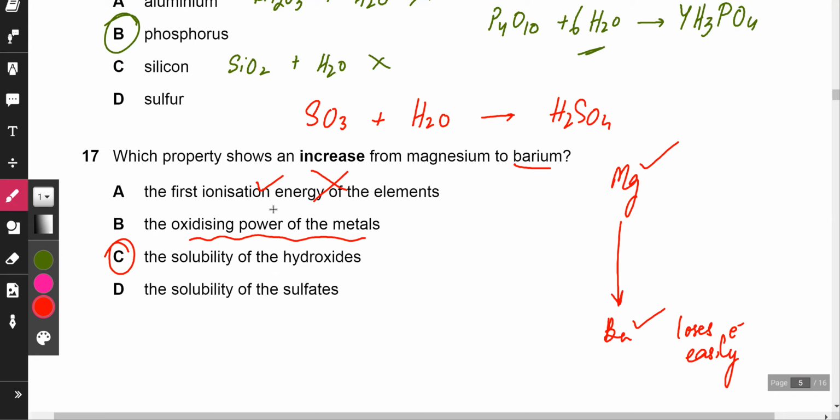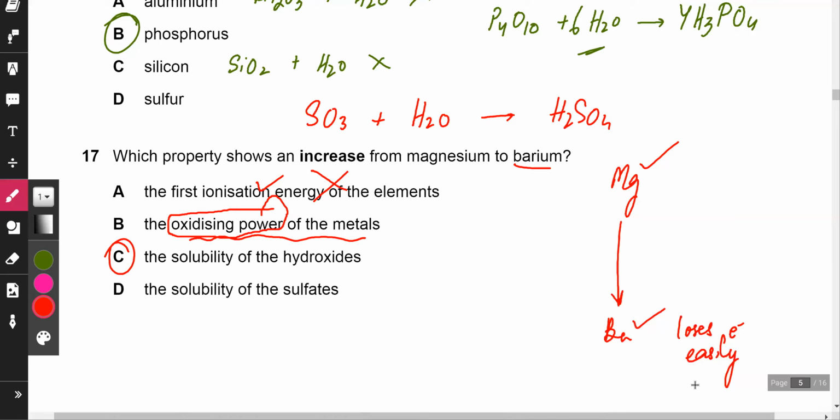What is oxidizing power? Remember, when you talk about oxidizing power, it's not about losing electrons. Oxidizing power means to oxidize the other substance, not to get oxidized yourself. If I have oxidizing power, I'll be oxidizing someone else; I wouldn't be losing electrons myself.